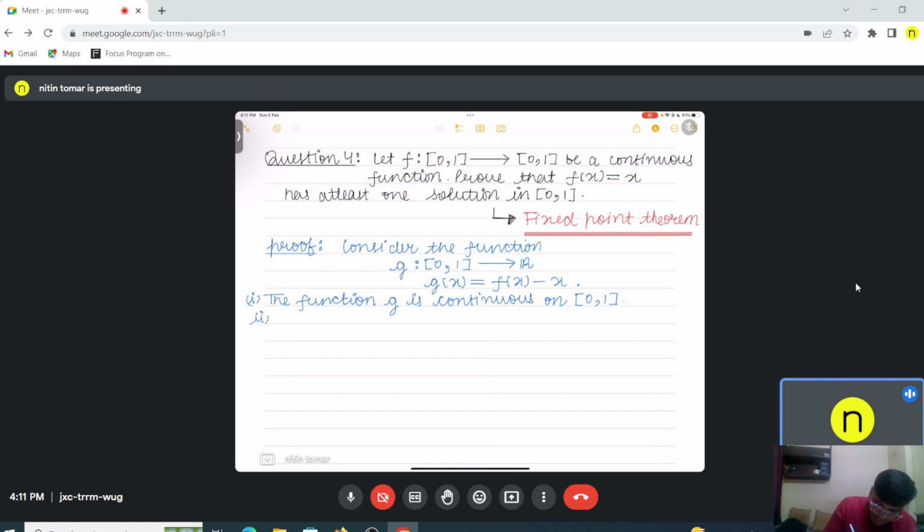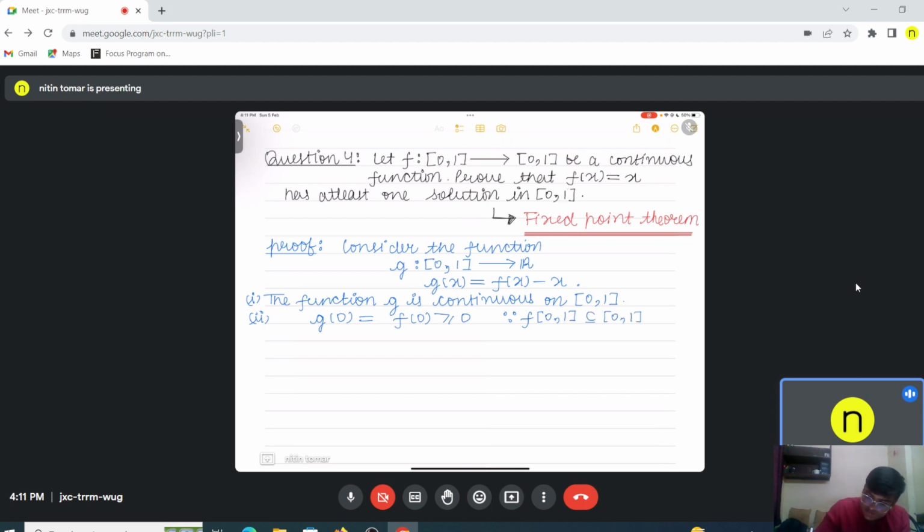Second thing, you note that g of 0 is actually f of 0, right? And what is the value of f of 0? It is greater than or equal to 0, as the range of f, because f of 0, 1 is contained in 0, 1.